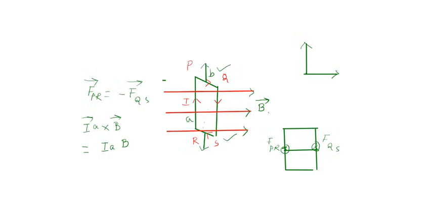In that case, the line of action of F_PR and F_QS will be the same, so they will not produce any torque.